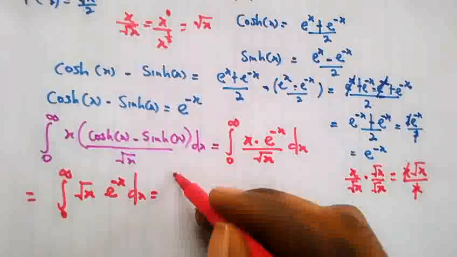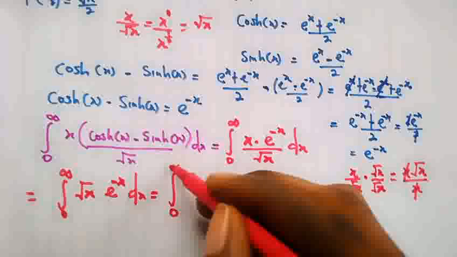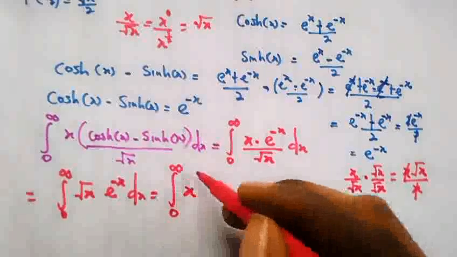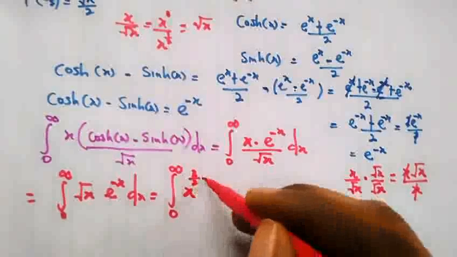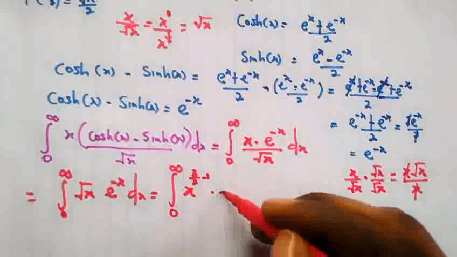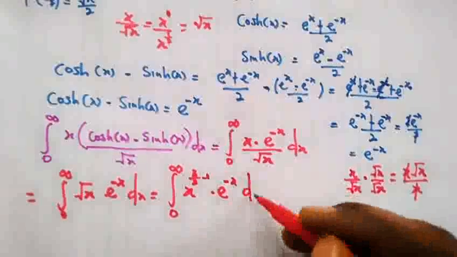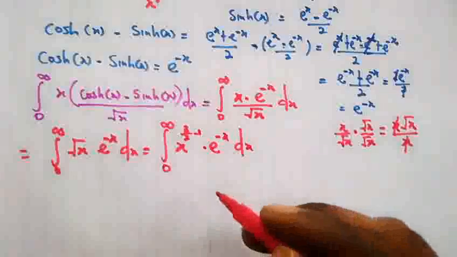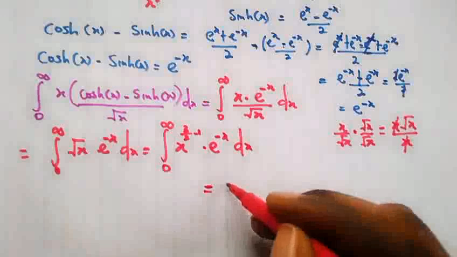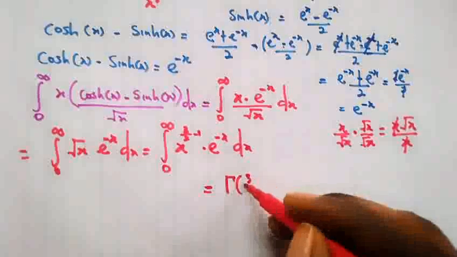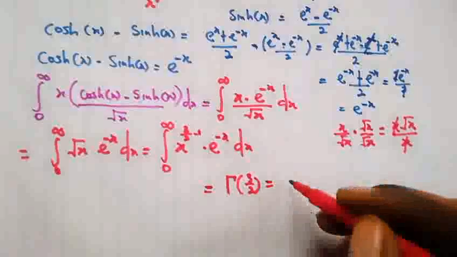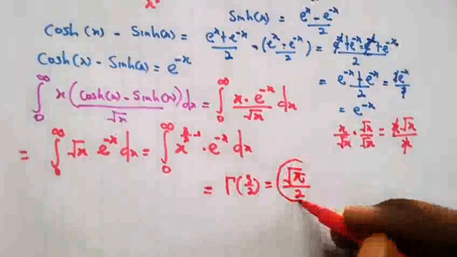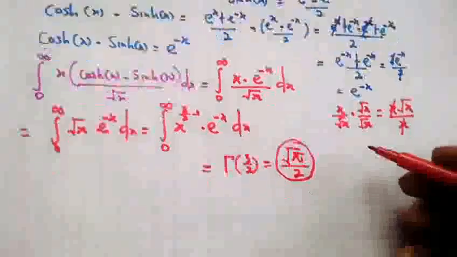So we have the integral going from 0 to infinity, and x raised to 1 over 2 can be written as x raised to 3 over 2 minus 1, times e raised to negative x dx. We are very familiar with this: this is equal to the gamma of 3 over 2, and this is equal to square root of pi over 2.